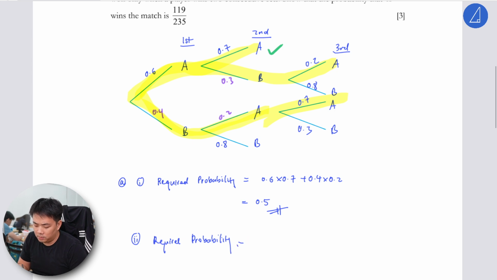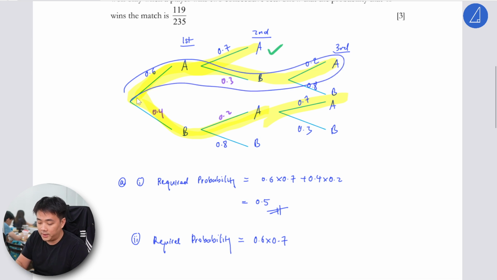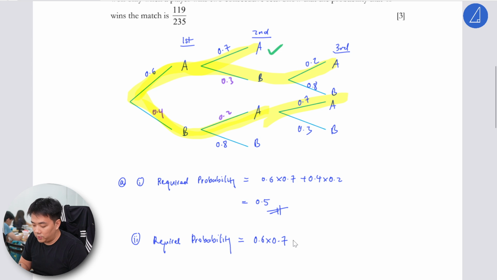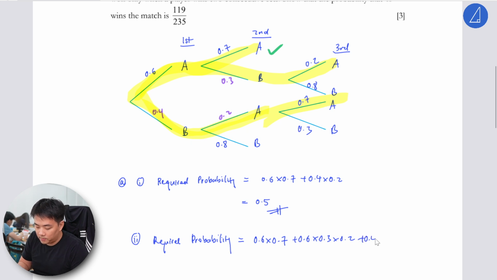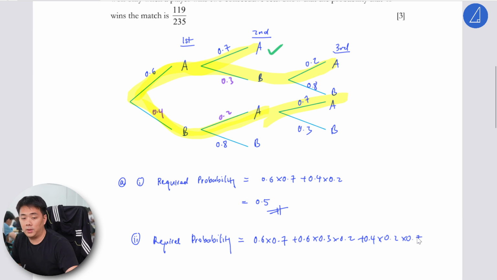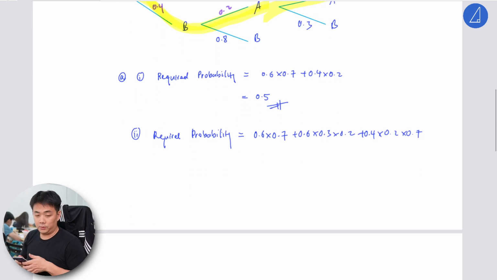If A wins 2 sets straight, you just automatically win the match, so 0.6 multiplied by 0.7. Then I add this branch here where he won twice, so there will be 0.6 multiplied by 0.3 multiplied by 0.2. Then this guy, I will add it up. This will be 0.4 multiplied by 0.2 multiplied by 0.7. So the answer is 0.512.